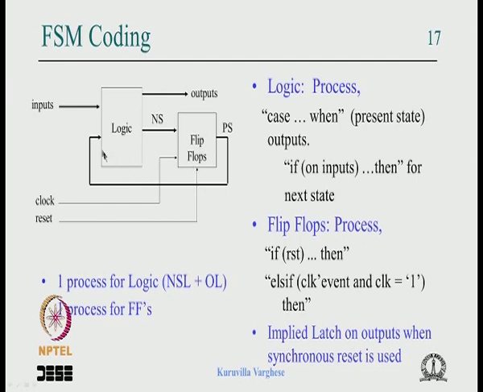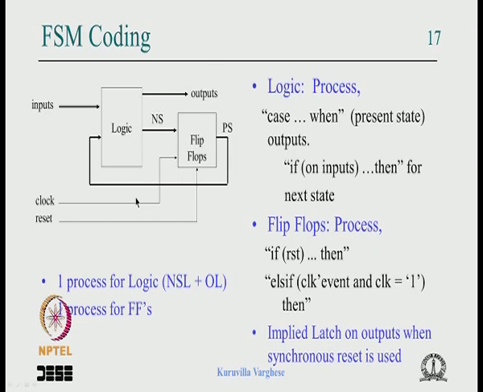So you can write one process for this next state logic and output logic and one process for the flip flop. And here you could even separate the output logic as a concurrent statement. You can do that, but since we are looking at such a block diagram, maybe this is the appropriate thing with respect to this diagram.